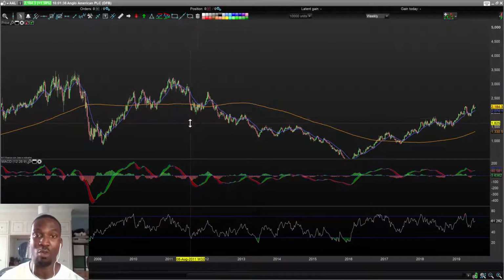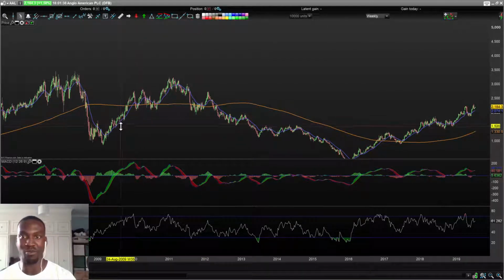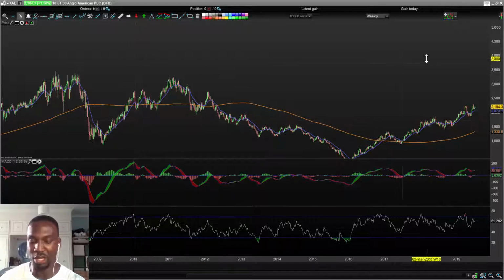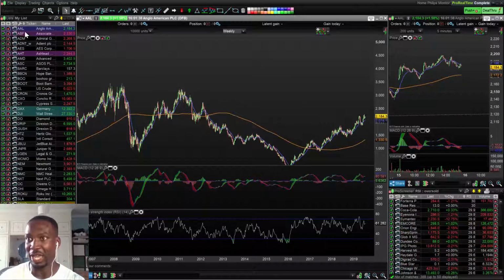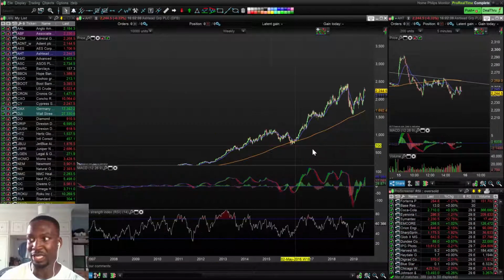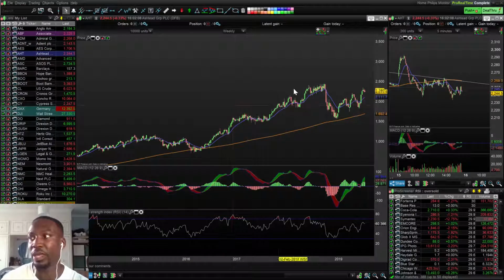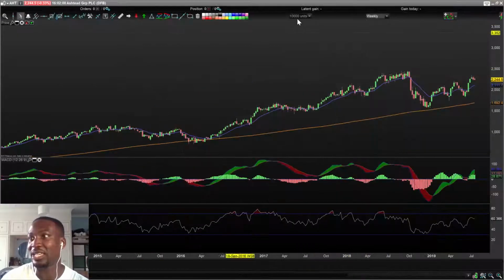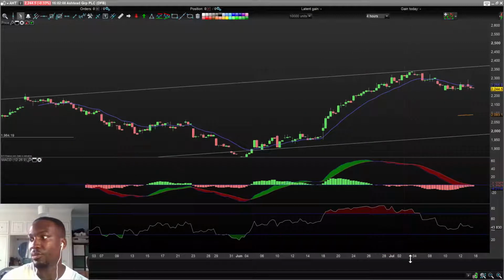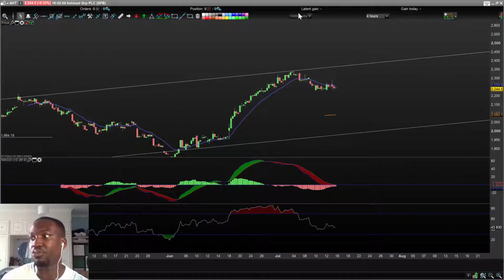For the most part the whole market has decided to do a kind of reversal, which is why, before I go into the next one, AHT, the one that I was in before, I exited my position for a measly 17 pounds, which is kind of annoying. I brought my stop loss down a bit too close.